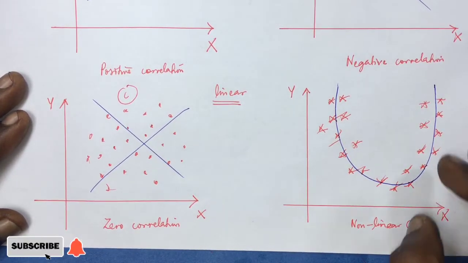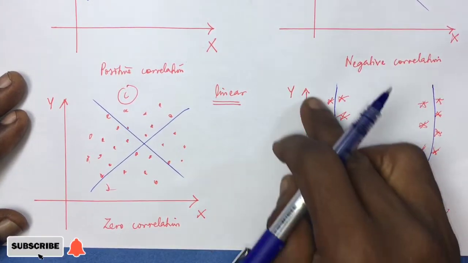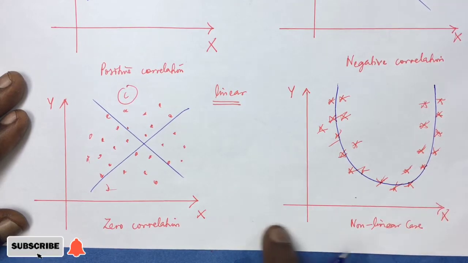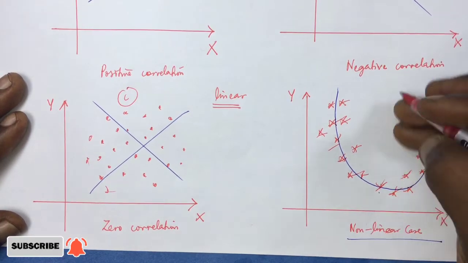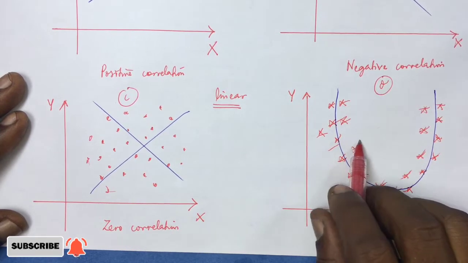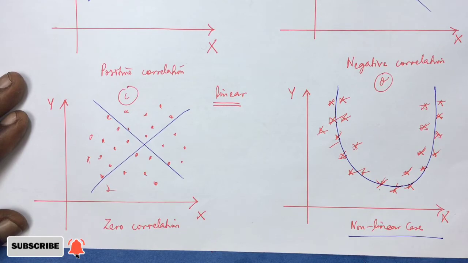In this case, when the points you plot appear to be converging about a curve but not a straight line, the scatter diagram is called a non-linear case. No more a linear case. Let's call this case D, a non-linear case which the scatter diagram describes.